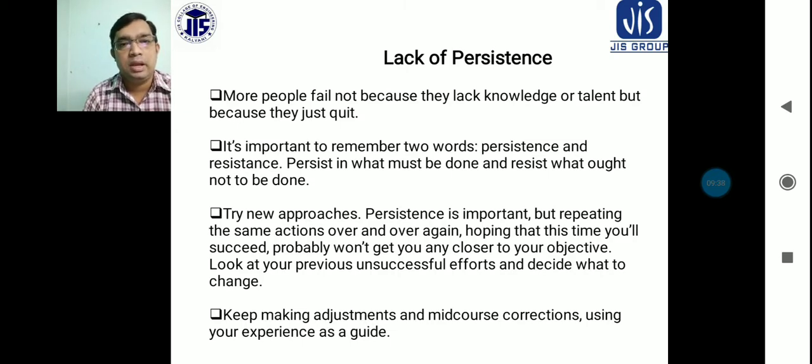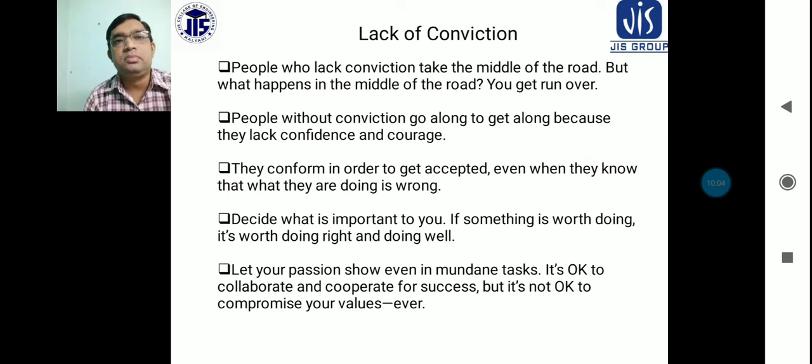Keep making adjustments and mid-course corrections, using your experience as a guide.